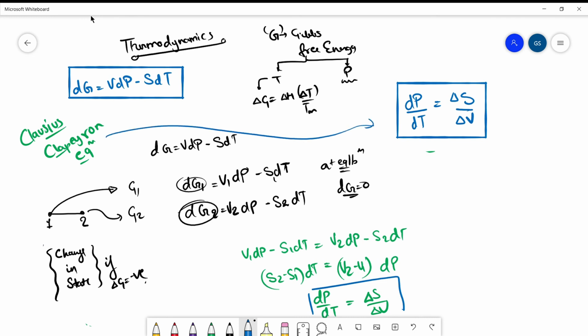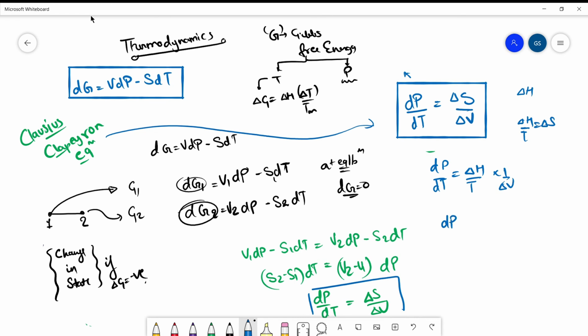Sometimes when you read the books, you will not find this equation. Rather, you will find the integrated form of the equation, and that integrated form has delta H. Once we know that delta H by T is nothing but delta S, we can substitute: dP by dT is nothing but delta H by T times 1 by delta V. Now we have this temperature term and we can integrate.